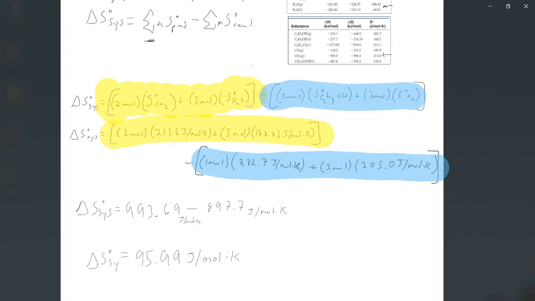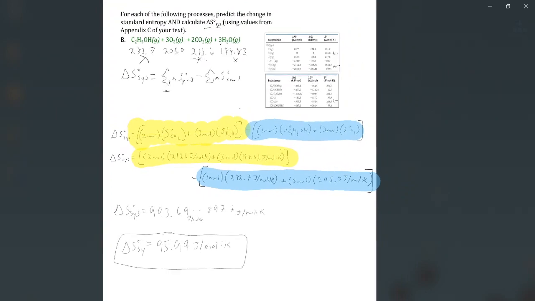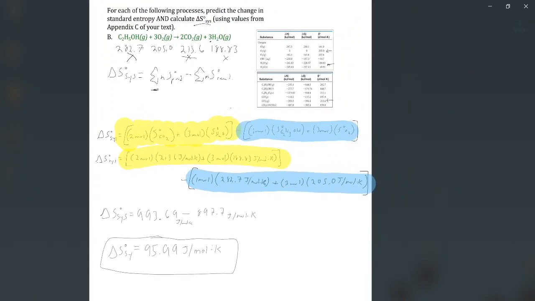Sorry, I keep accidentally going to desktop there. Here we have 1, 2, 3, 4. 1, 2, 3, 4. So it looks like 4 is going to be the smallest number here, so this would be our final answer. And I will zoom back out so you can see the whole problem.